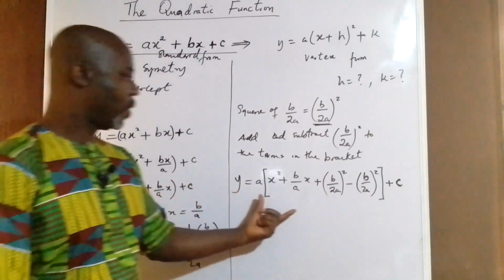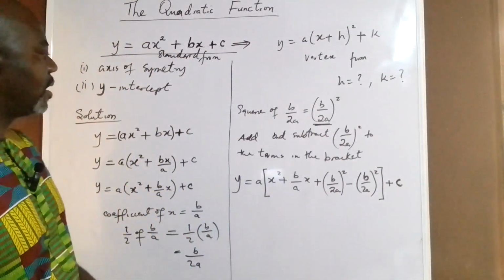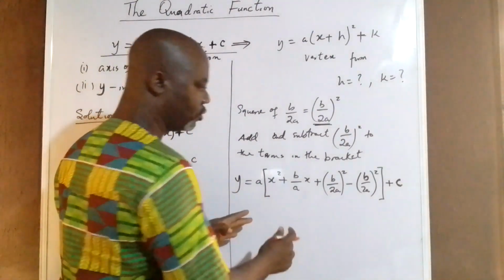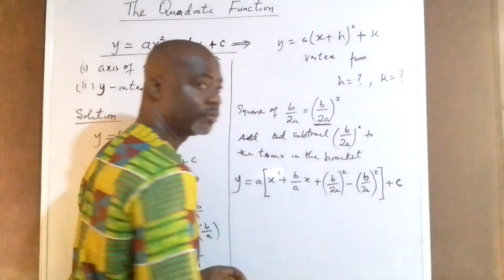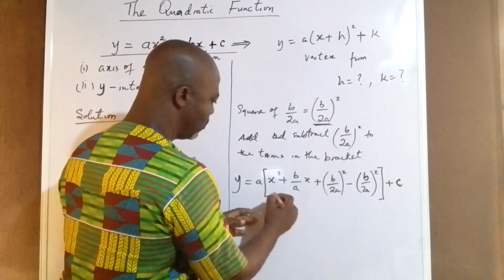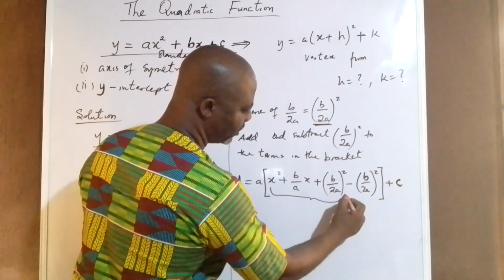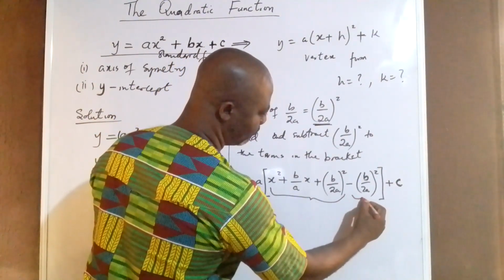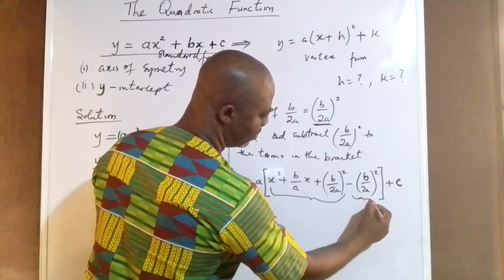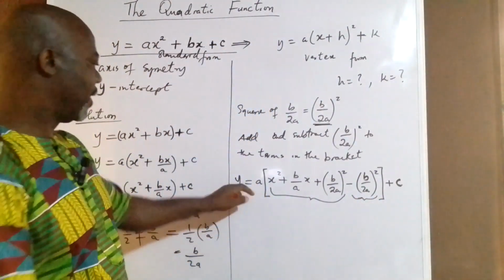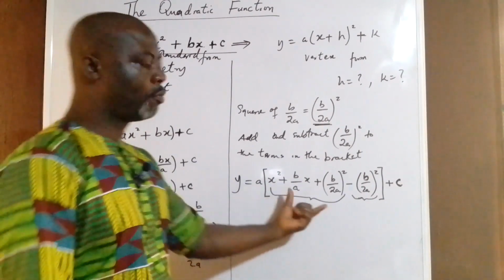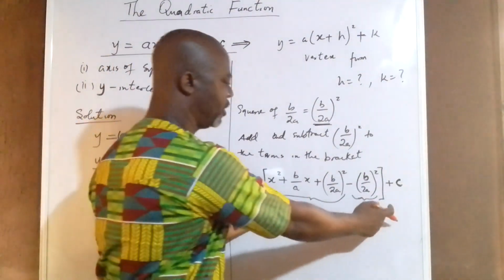Next, inside this square bracket now, there are 2 terms. We are going to group this term and this other term, and then use this a to open up this bracket.